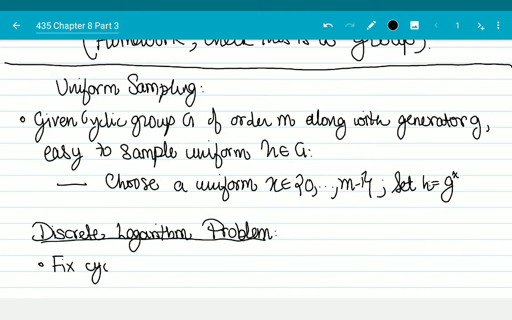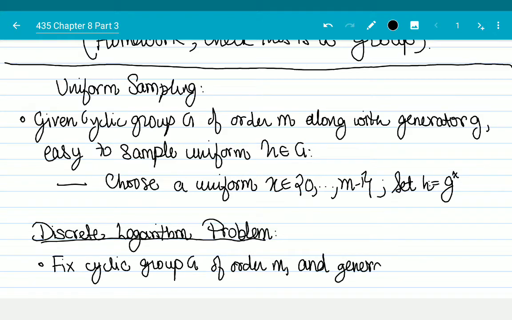Fix cyclic group G of order m and generator g.